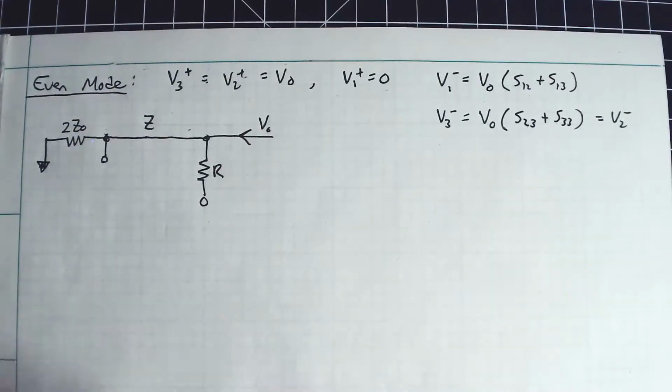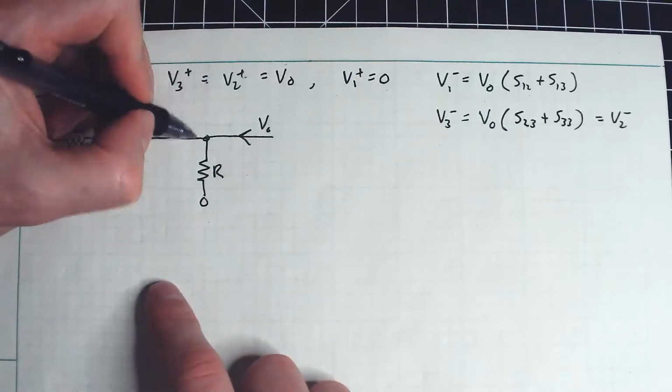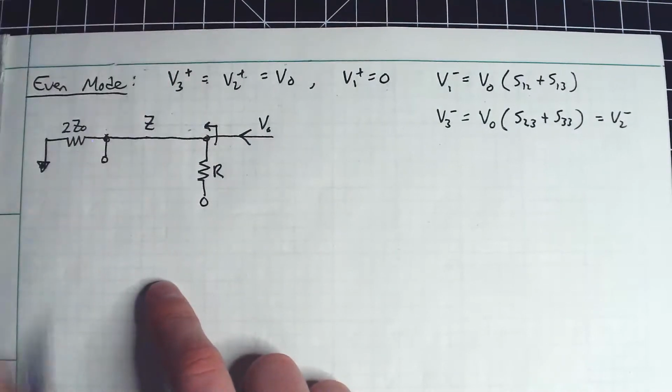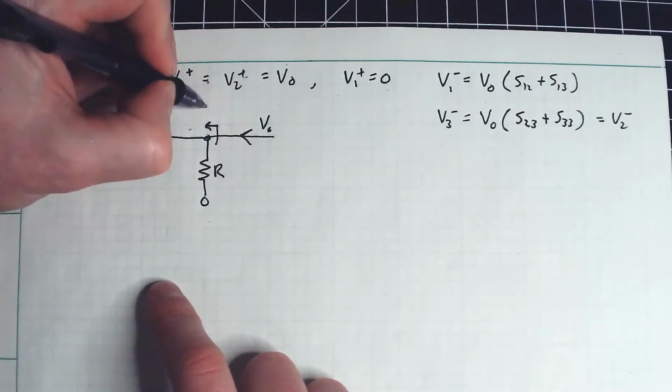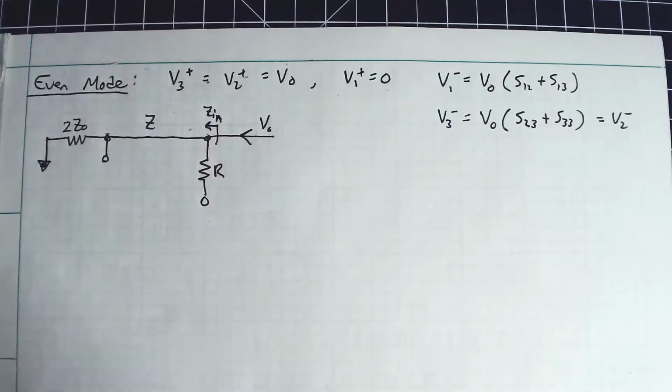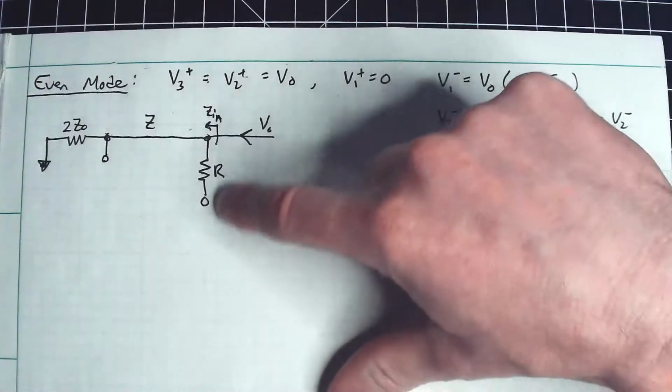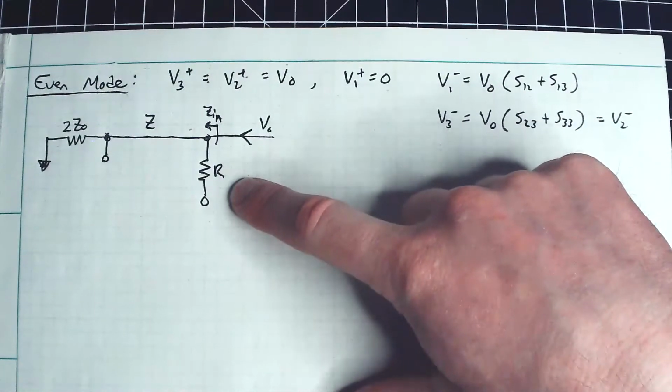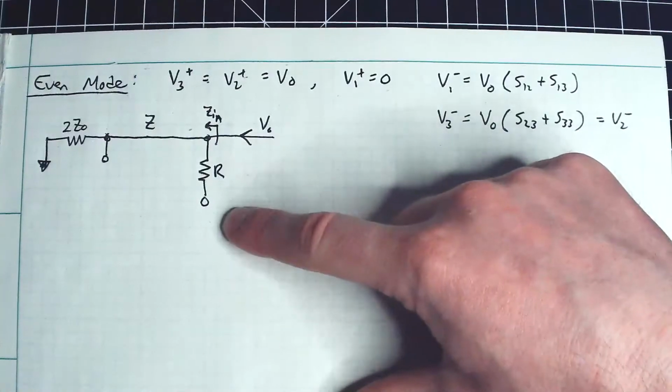So all I have to do is first ask myself, what is the equivalent input impedance looking down this little length of transmission line? So I'm going to call that, say, Z in, or you could call it ZEQ, something like that. Doesn't matter. Well, obviously, this parallel piece here is contributing nothing because it has infinite resistance. There is no current flowing down there.